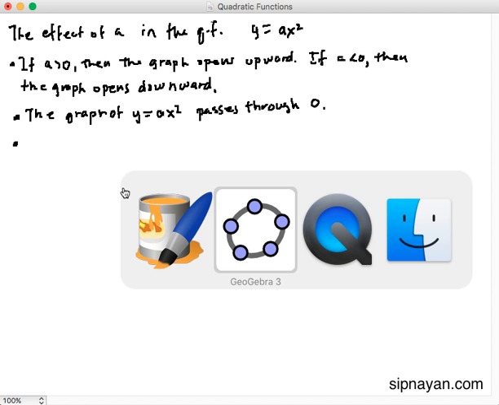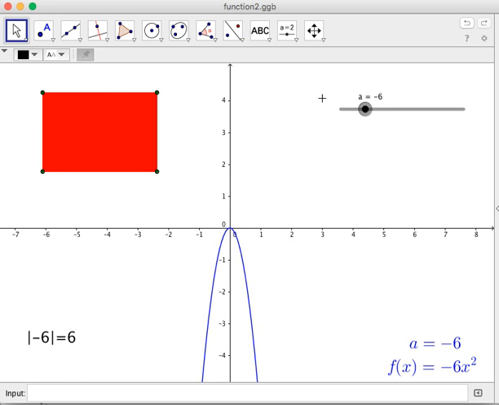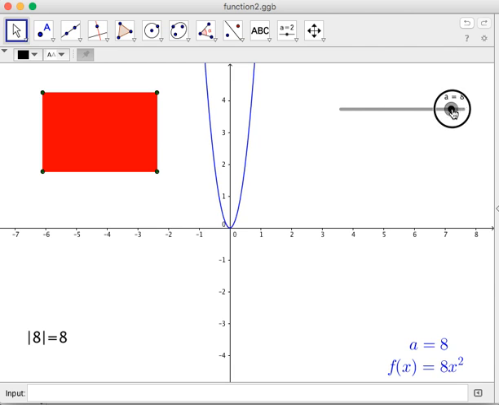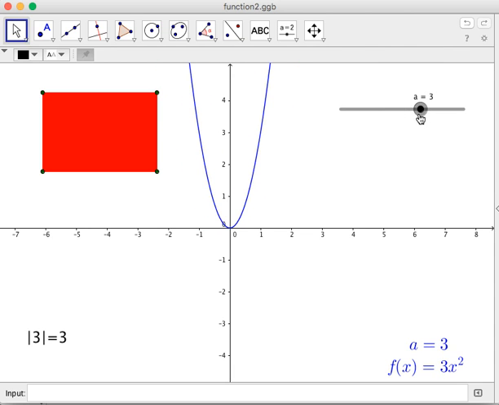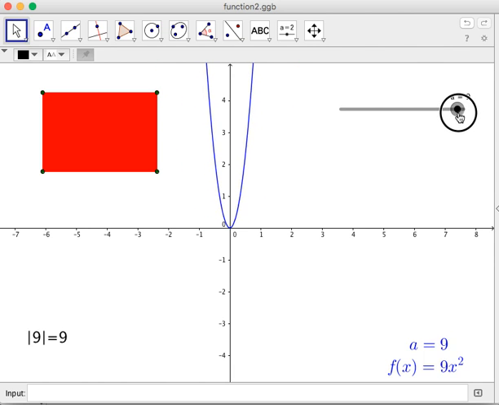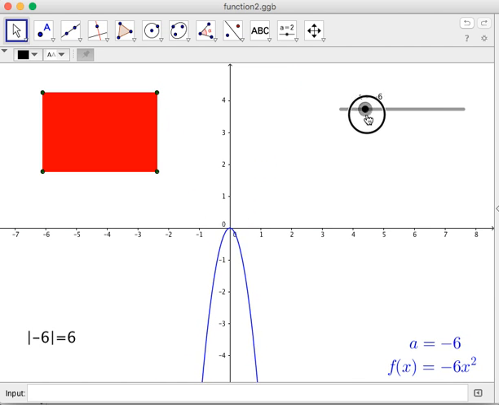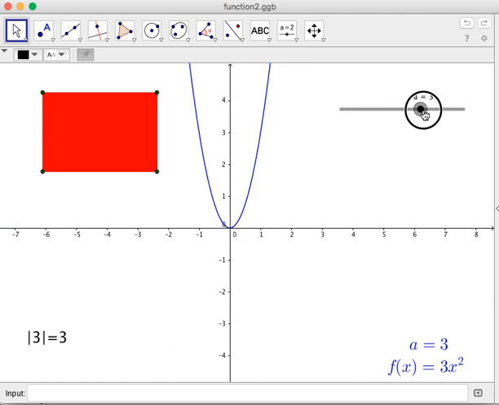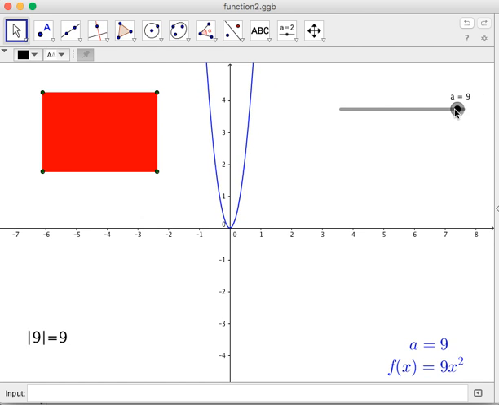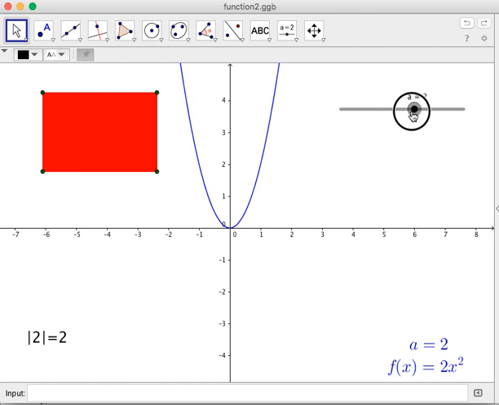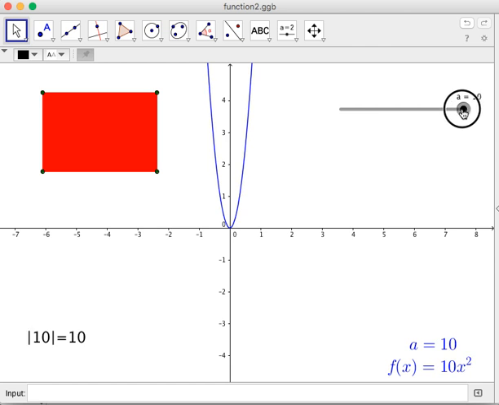Pangatlo, ano nangyayari pag ginagalaw natin itong slider? What happens if the value of A is increased? What if the value of A is decreased? Pag above 0, pag in-increase mo siya, ano nangyari dun sa graph? Tingnan nyo mabuti. Lumilit yung opening niya, di ba?